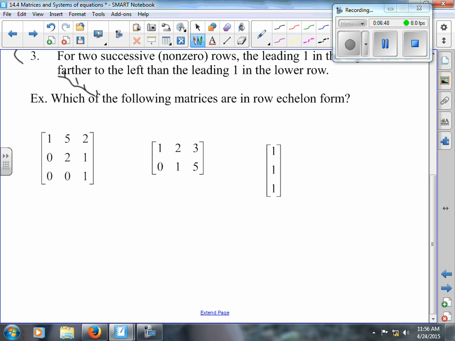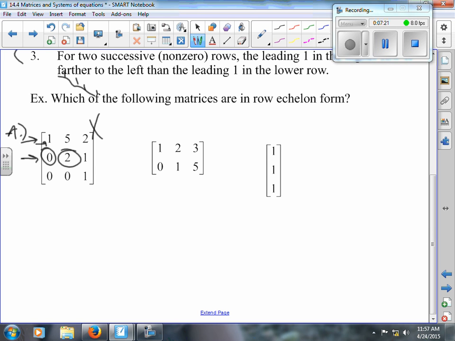Okay, so for example, in this first matrix, this first row is good. The first number I saw was a 1. Then the second row, it looks like I have a 0 here, which is great because there's a 1 above it. There are no ones left of this top one. But this one's no good because of this 2 here. The first number I'm supposed to see is supposed to be a 1. And so this is not in reduced row form.